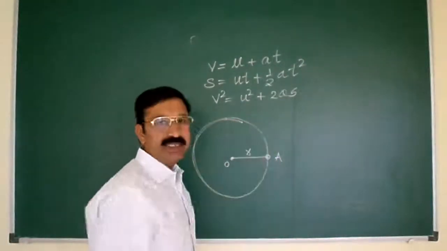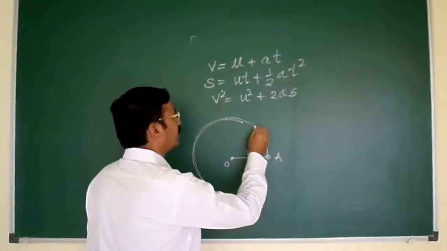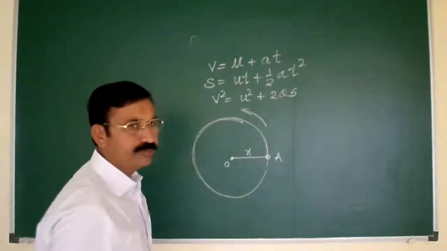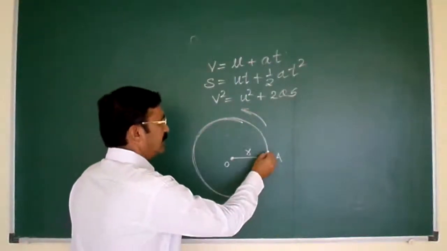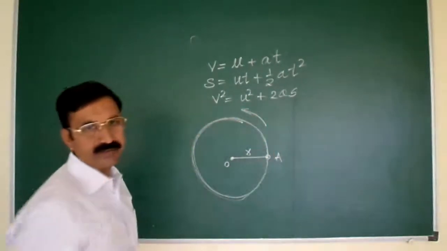If the particle is set into motion, then it moves on the circumference of the circle either in anti-clockwise direction. As it moves, it will return back to position A again.